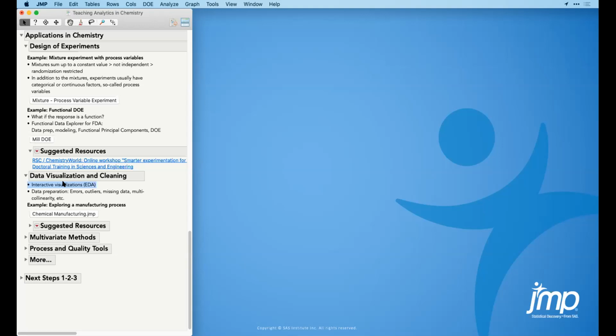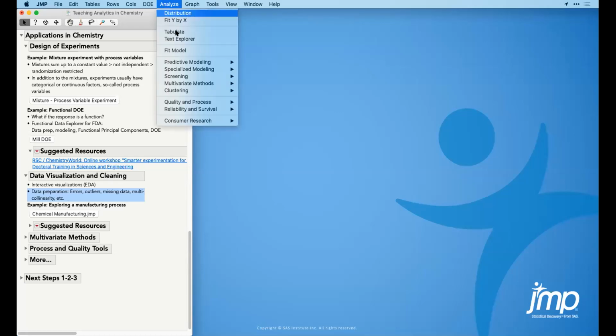This is called exploratory data analysis, which is always recommended before you run any analysis. And by looking at your data, you may also see some data problems or things you should fix before you analyze your data.